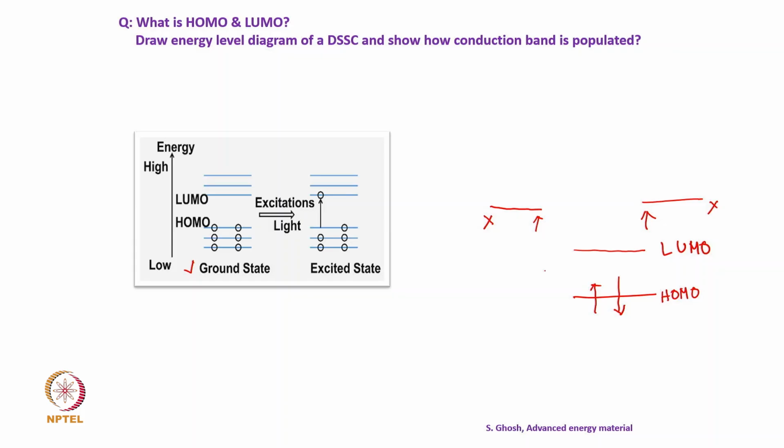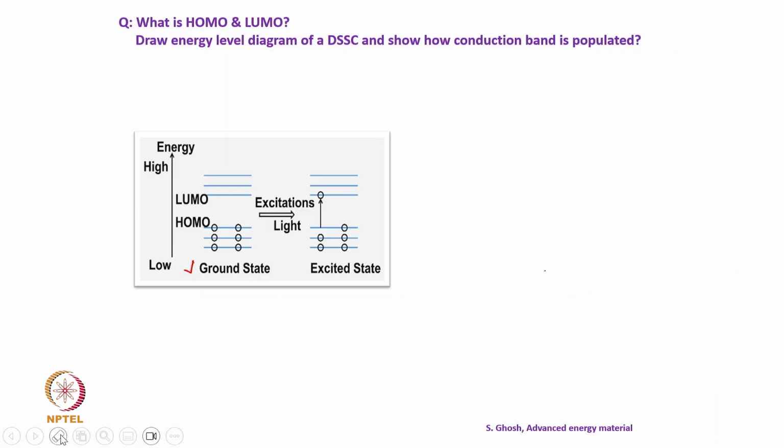Okay. So, in order to populate the conduction band of TiO2 which is connected with this dye, this is a typical position of LUMO and this is HOMO, and then TiO2, the wide band gap semiconductor which is used, where the dyes are anchored on it, is connected.